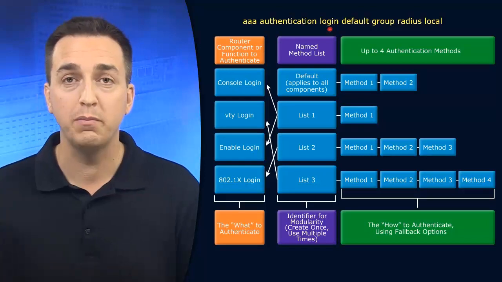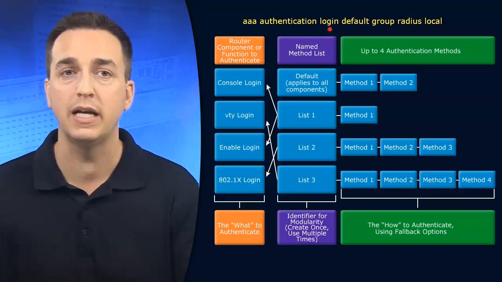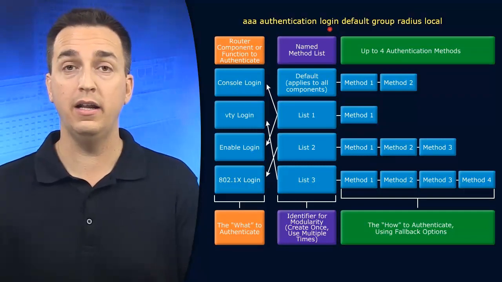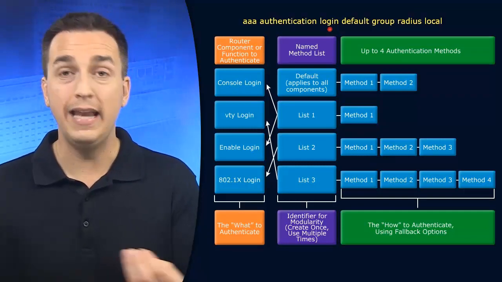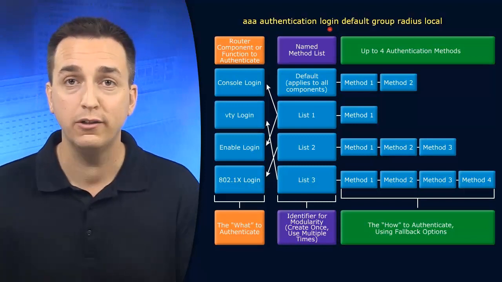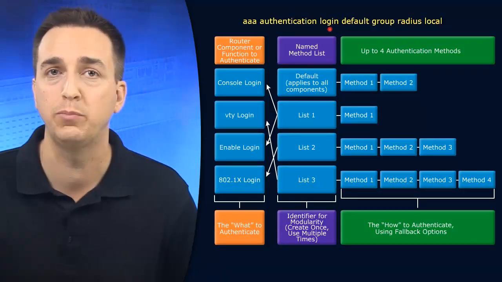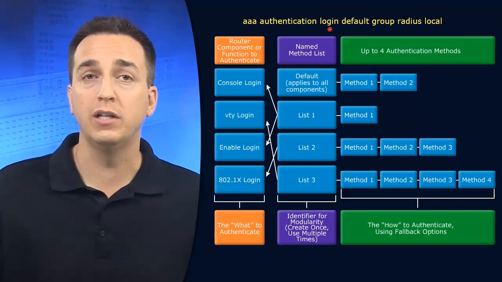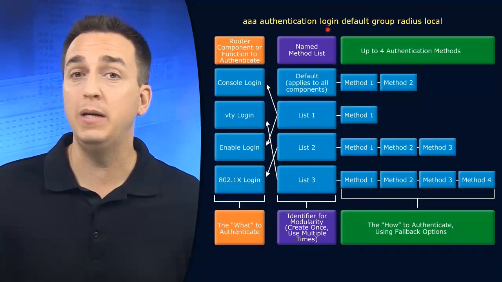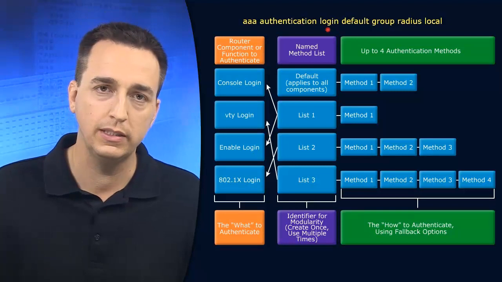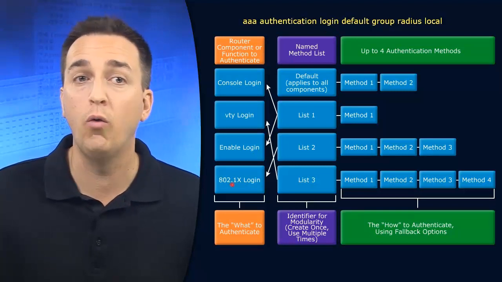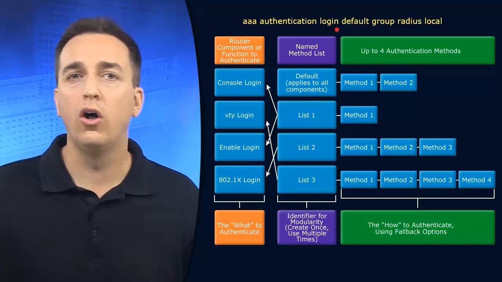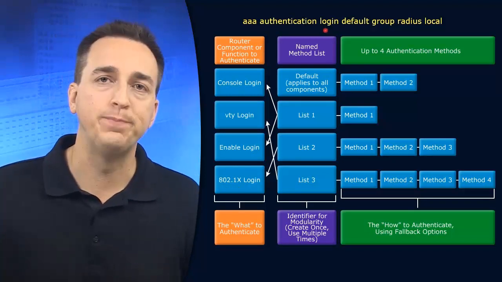So you're in user exec mode, you type in enable to go to privilege exec mode. Well, how are you going to be authenticated? Are you being authenticated by the enable password that you set up, the enable secret password, or are you going to ask a TACACS Plus server if the credentials that have been provided are correct? You also have the ability to set it up for PPP authentication purposes, as well as 802.1x. So a lot of different options for authentication.